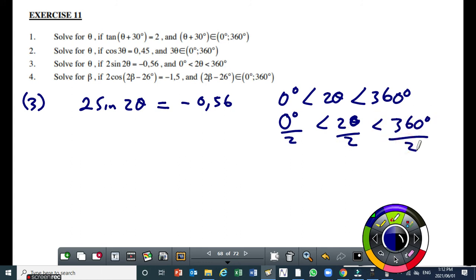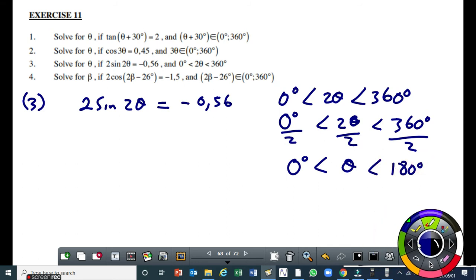So we are simplifying the restriction so that we can get theta. This will give you 0 degrees is less than theta and theta is less than 180 degrees. Because I don't want to work with 2 theta, it's better for me to work with theta. So I've simplified that restriction.